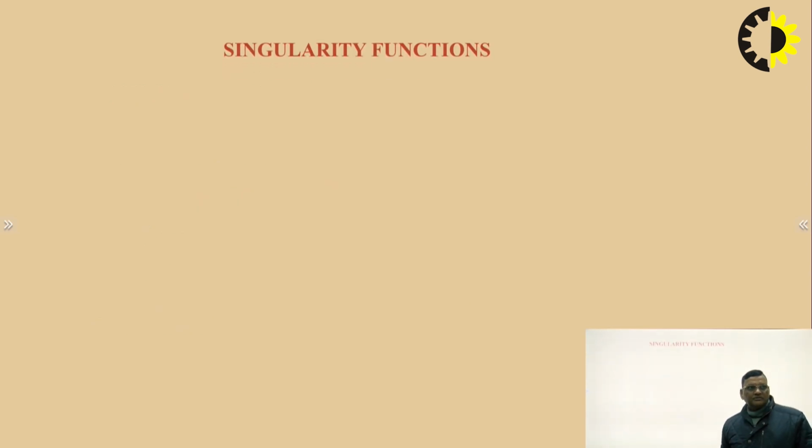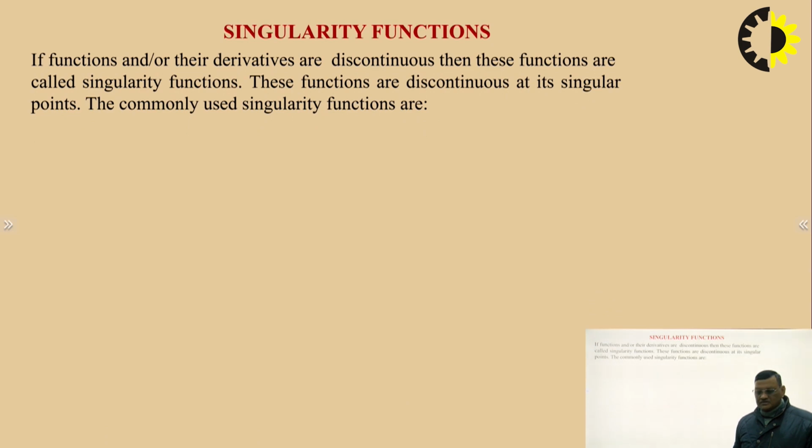So what is a singularity function? If the function and/or its derivatives are discontinuous, then these functions are called singularity functions. And the point at which these functions are discontinuous is called the singularity point. So there are two terms: one is the singularity function and the other one is the singularity point.